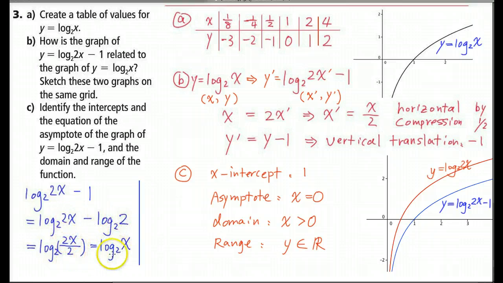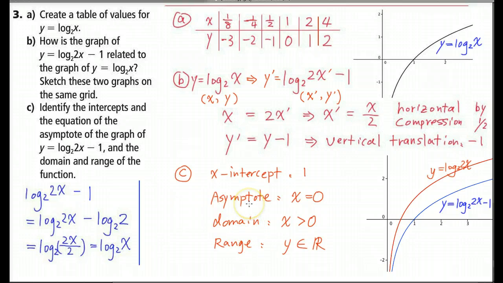So we end up getting exactly the same as the original function. That's why, after the 2 transformations, it just transformed back to itself. Although it doesn't look the same, after the manipulation you can actually get back to the original form.